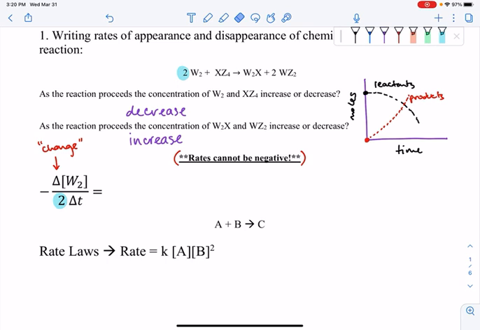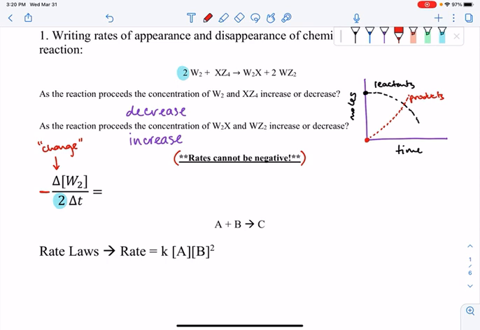W2 is decreasing. So this delta W2 right here is negative. It's a negative number because it's decreasing, right? So this negative and this negative multiply to overall give you a positive number. So the reactants will have negative signs in front of them.